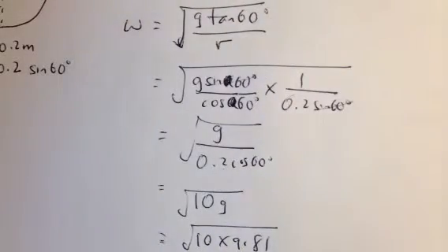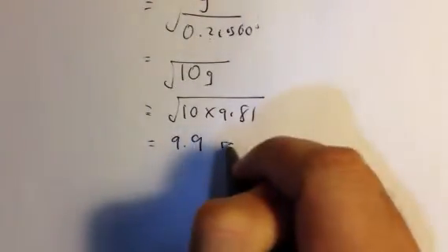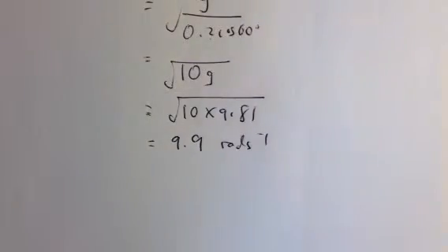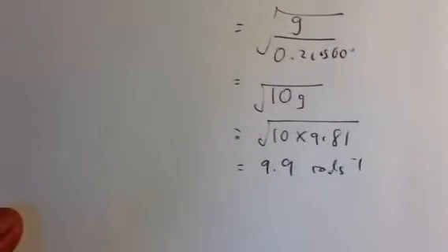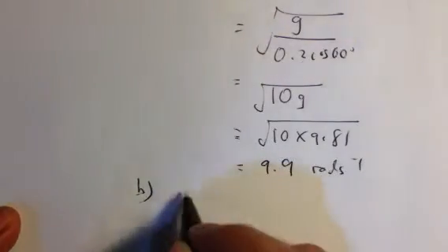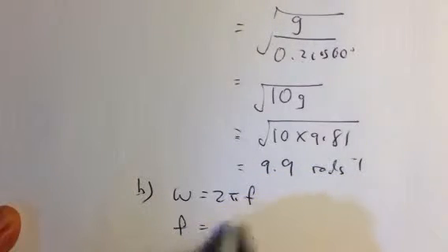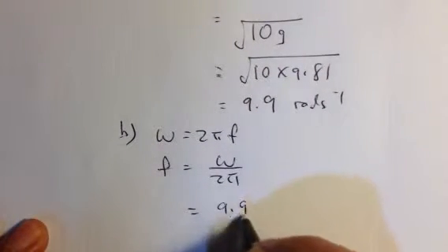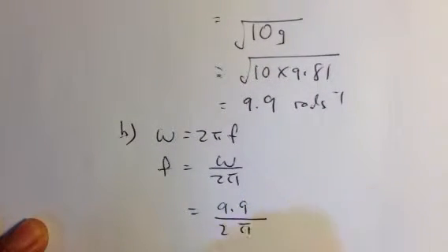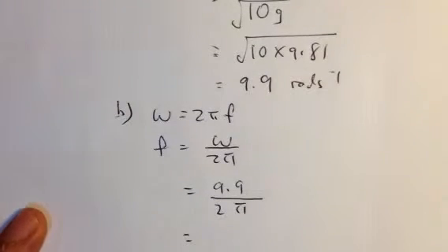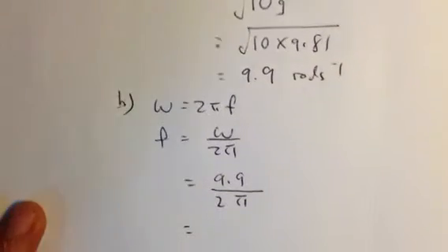The answer should be 9.9 radians per second. Now this is part A. Part B is simple. Find the frequency. Omega is 2 pi f, so frequency is omega over 2 pi. So 9.9 divided by 2 pi. The answer would be 1.58 hertz.